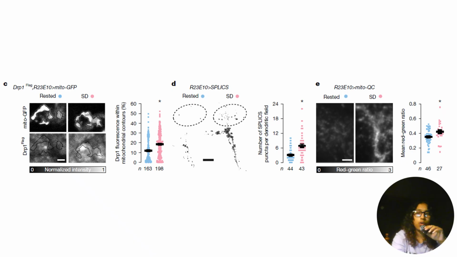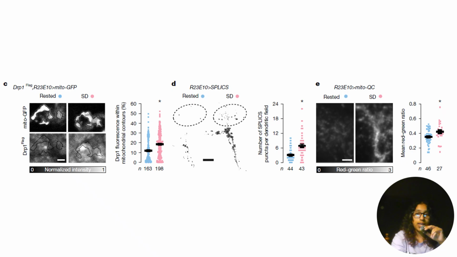The summary would be that in relationship with sleep deprivation, increased mitochondrial fragmentation, which is via DRP1, enhances mitochondrial ER contact size, which is measured by the SPLICs, and it stimulates mitophagy, which is detected by the mitoQC.